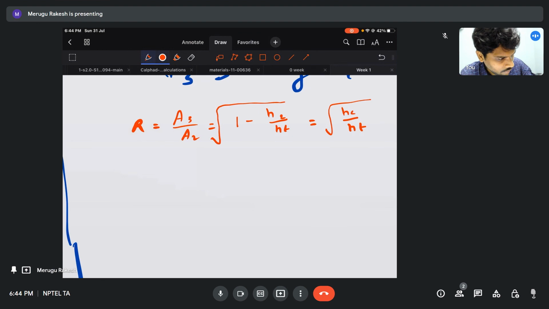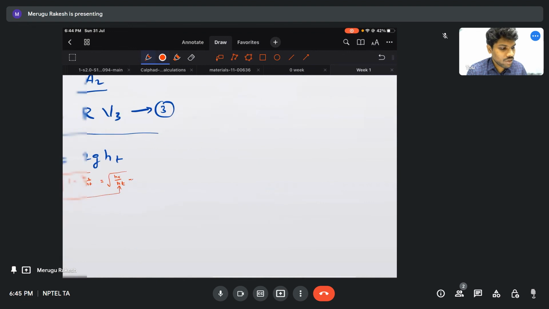So this is the height of the casting and this is the total height. If you do some simplification, you will get this answer. So if you see, the ratio between areas is not linear with respect to height, it is some non-linear function. So this is how we can get the limiting case of pressure equal to 2.